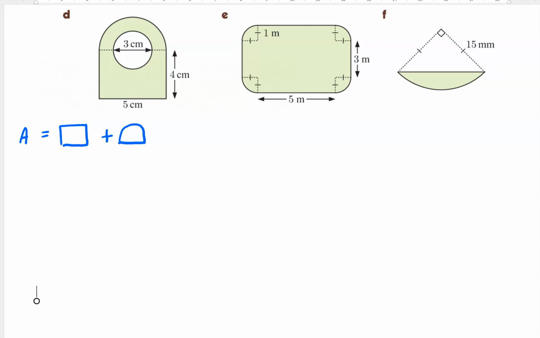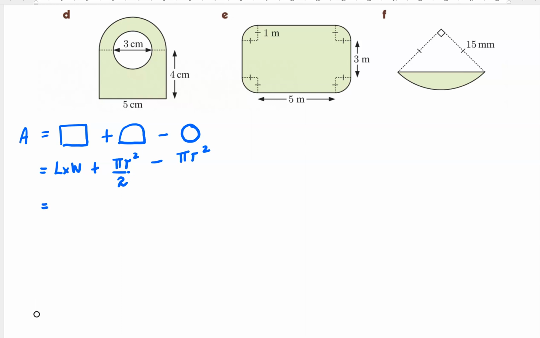So that gives you all the green bit, but we are going to subtract the circle. So what is the formula for area of a rectangle? Length times width. What is the formula for half a circle? So we're going to take a whole circle, pi r squared, and we're going to divide it by 2.